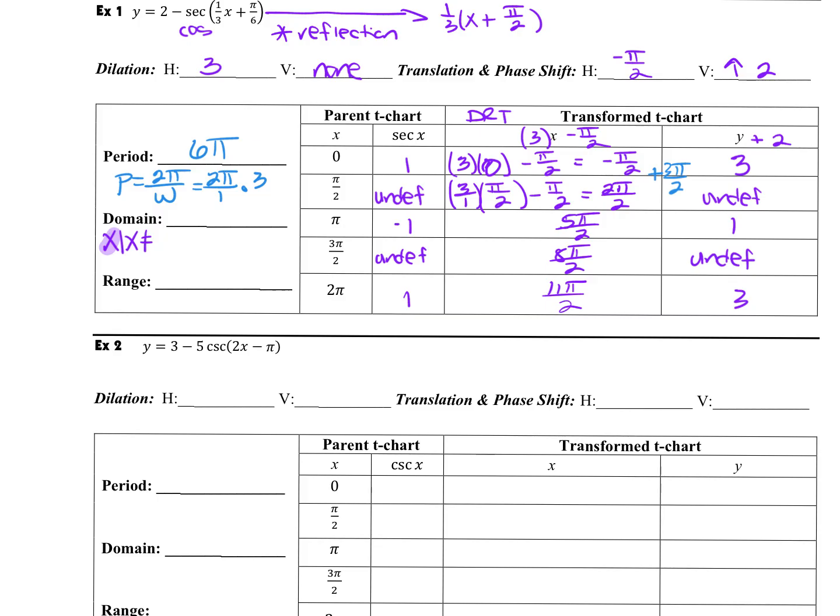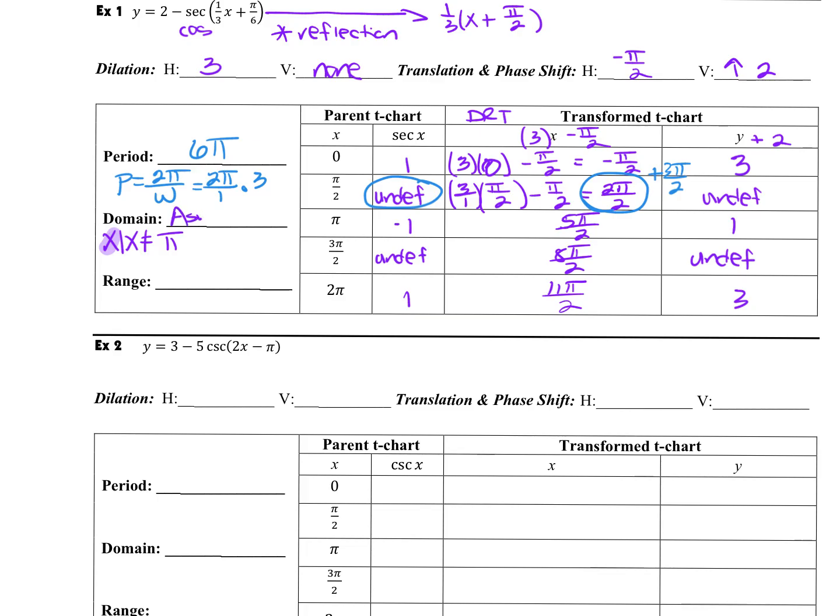Now, we're going to choose an asymptote. We can find these asymptotes in our t-chart here. The x value where that asymptote happens is at 2 pi over 2. I can write that as pi. So x such that x is not equal to pi.